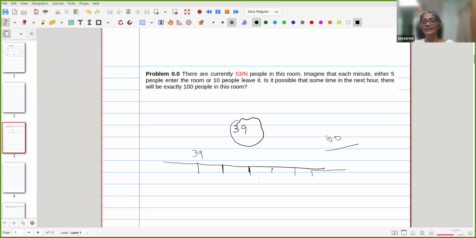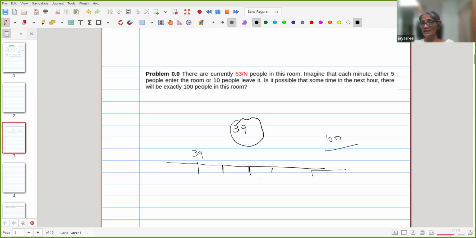Ma'am, can I ask something? Yes, ask. Is there a pattern that either 5 people will enter at a time and then 10 people will leave? No, there is no pattern. So it may be that in 20 minutes 100 people enter, but also maybe that in 20 minutes 200 people leave.